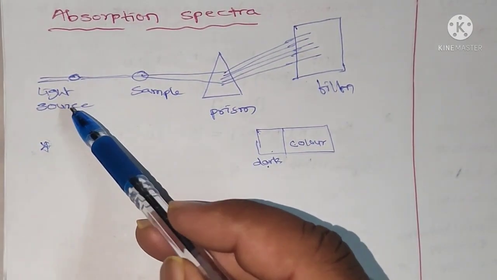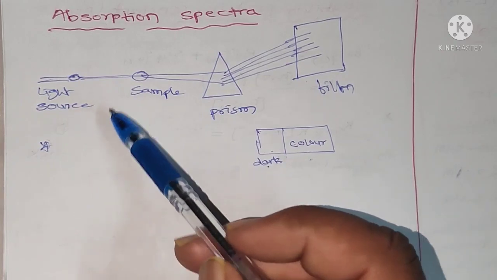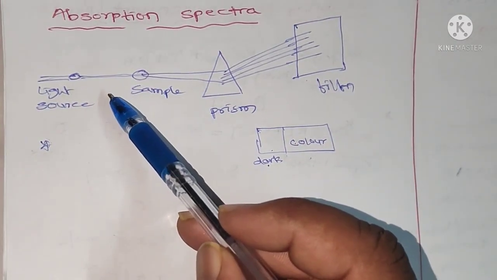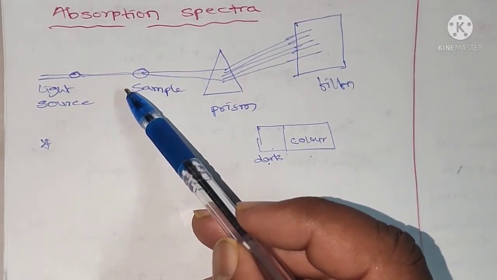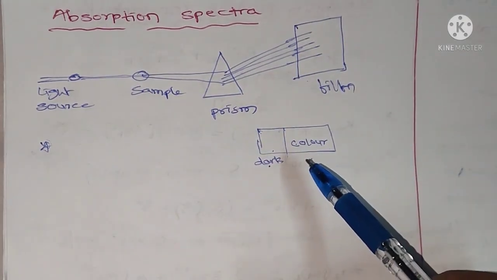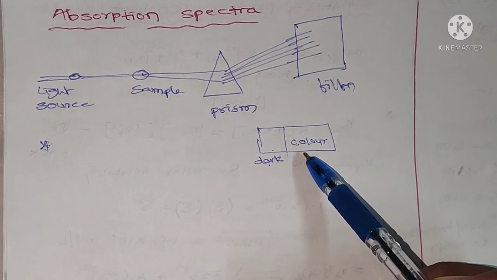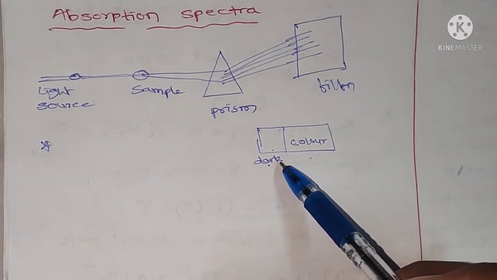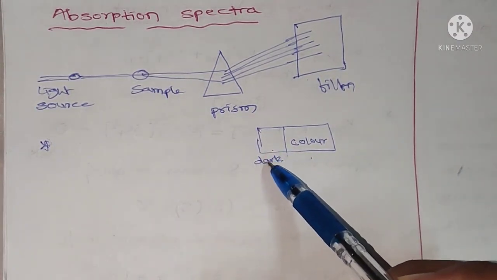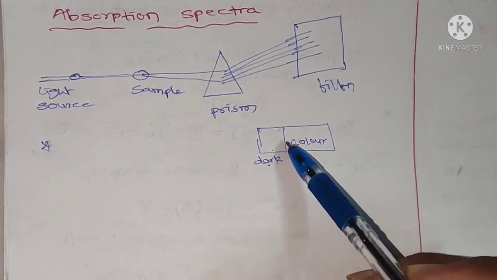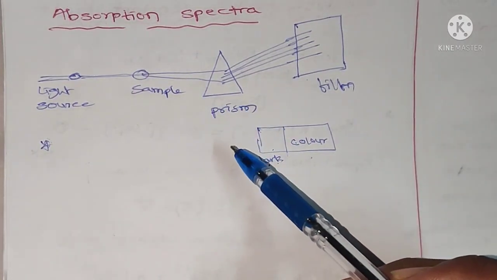So atoms or molecules or ions absorb a certain wavelength of radiation, and the remaining wavelengths of radiation give a spectrum with the absorbed wavelength as a dark space in the spectrum. It is called absorption spectra.